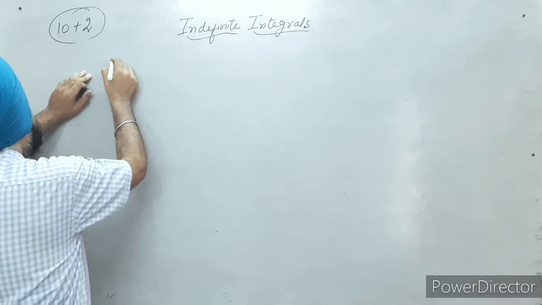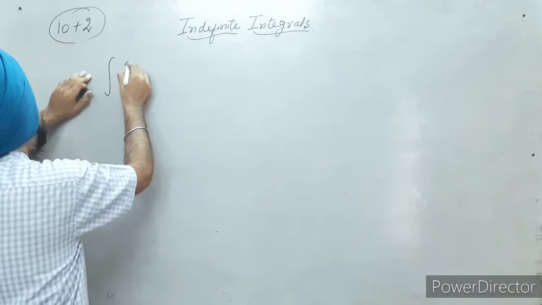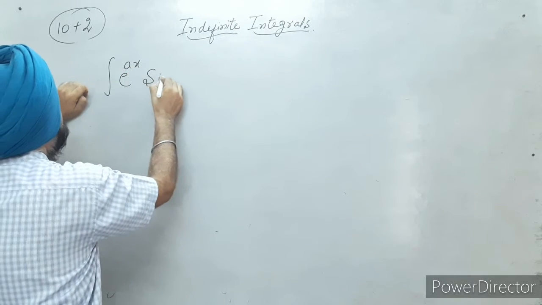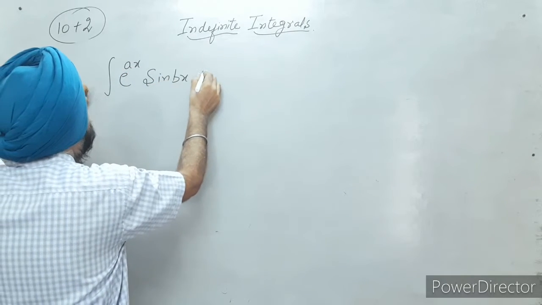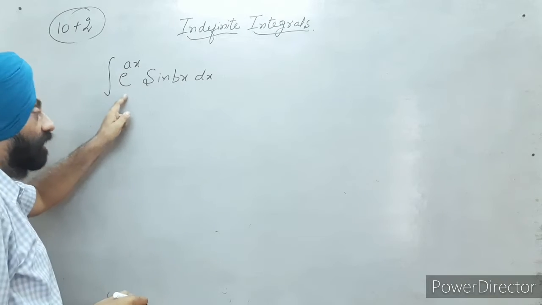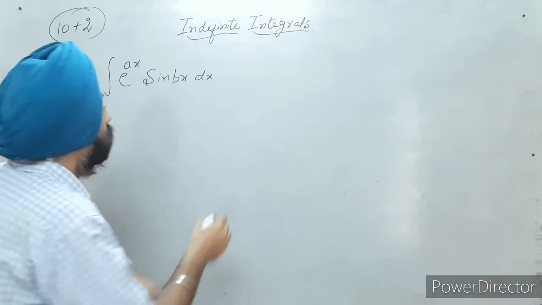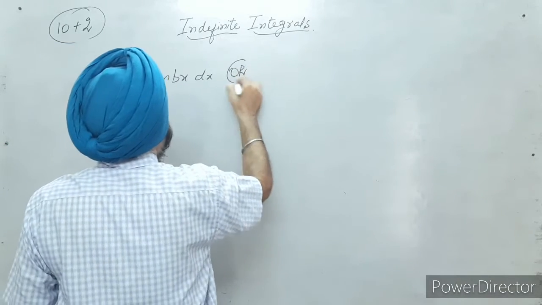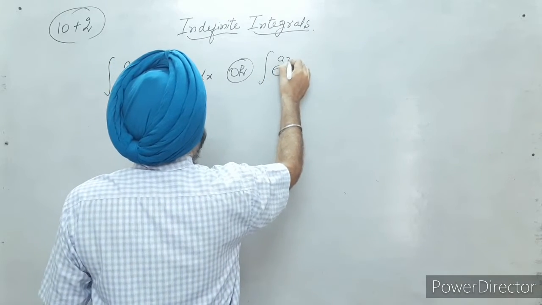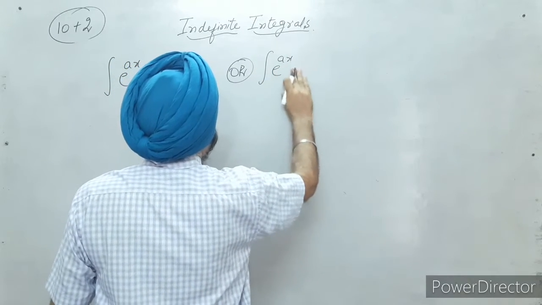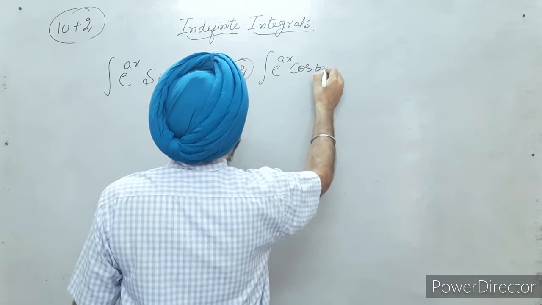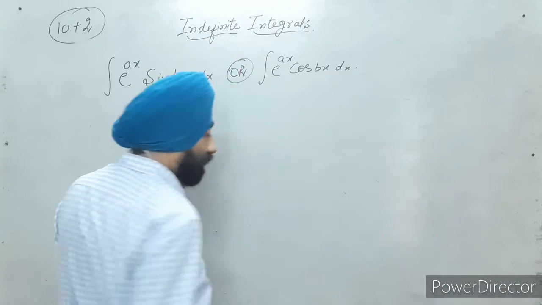Now, the type is e the power ax sin bx dx, or it can be e the power ax cos bx dx.